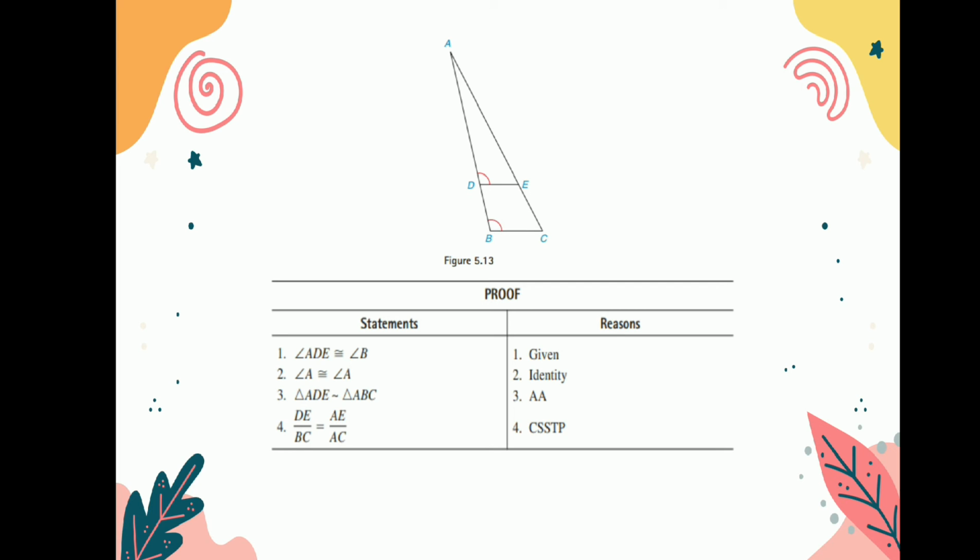Statement 3. Triangle ADE is similar with triangle ABC. The reason is AA. And number 4, the last statement, DE over BC is equal to AE over AC. The reason is CSSTP.